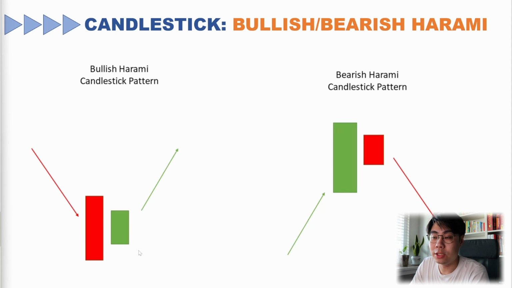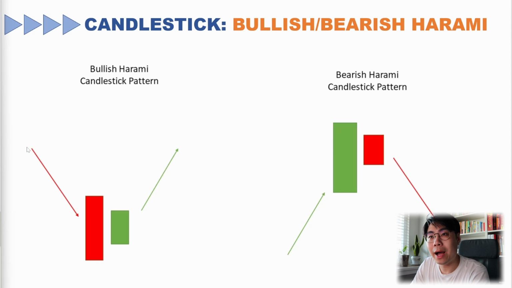And then all of a sudden you will see a green candle, a bullish candle, that is a small portion of the red candle. It is within the size of the body of the previous red candle. And then this signifies that there's a potential bullish reversal, meaning the trend might be going back up, the price might be bouncing back up instead of continuing to go down.